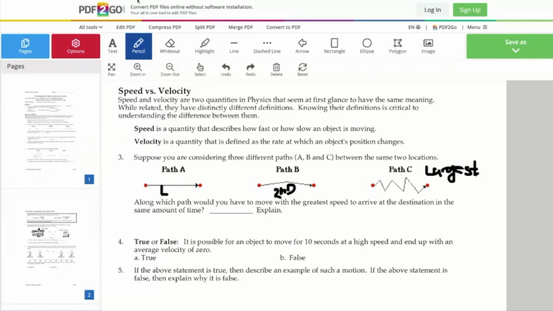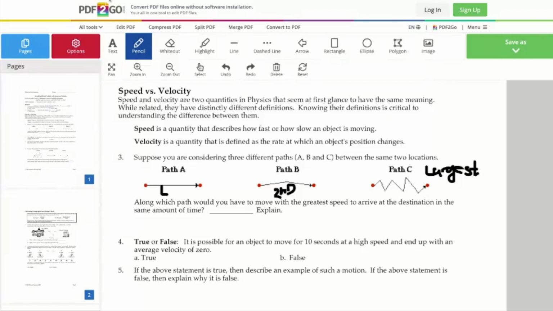I think you can do the 4th and 5th because they're both kind of related. Essentially, let's say a little person is starting at path A and another person at B and C, and they're racing, and they all tie at the same time. So they finish this path at the same time.